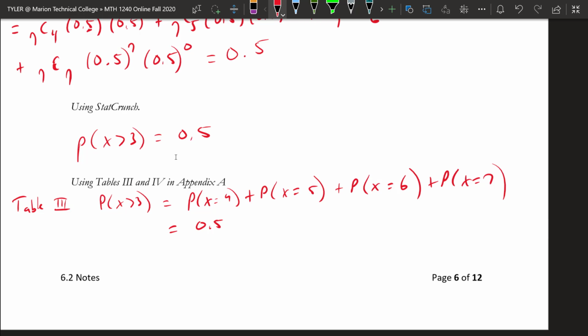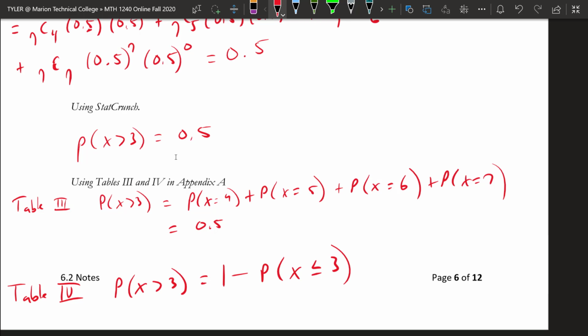If you wanted to do this using table 4, you have to write this a little differently. You have to understand that the probability of x greater than 3 is equal to 1 minus the probability that x is less than or equal to 3, right? So that would be the complement of x bigger than 3.